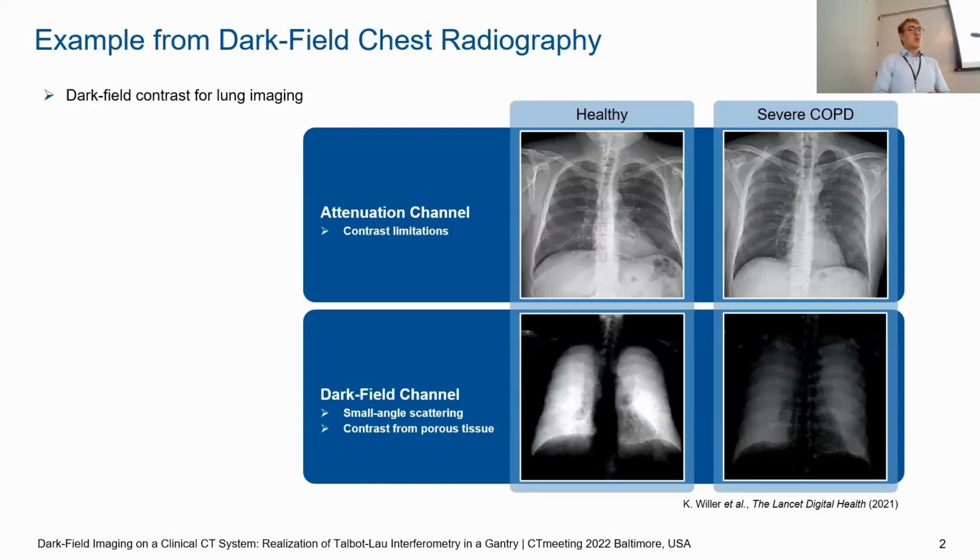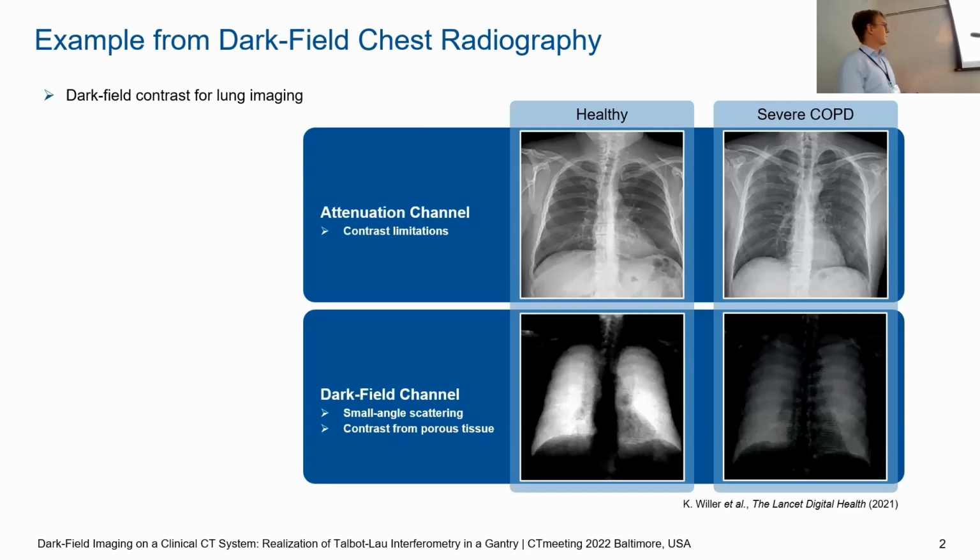As a brief introduction, I brought here some results from a clinical radiography system. In these two examinations of a healthy and a severe COPD case, in the attenuation channel, we can hardly differentiate these two cases. They look the same.